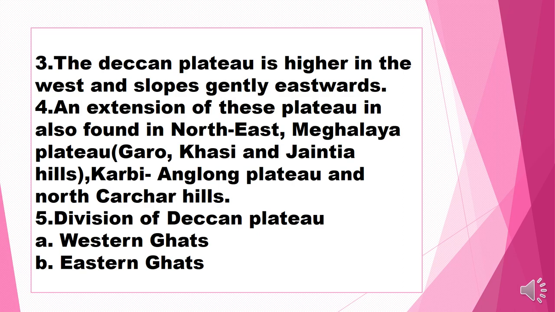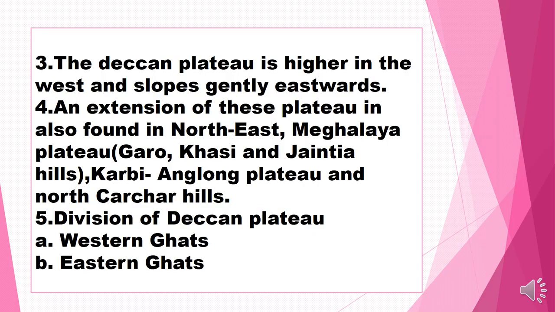After that, the division of the Deccan Plateau: Western Ghat and Eastern Ghat. Western Ghat lies in the western part of the country, and Eastern Ghat in the eastern part. The height of Western Ghat is 900 to 1600 meters, and its highest peak is Anaimudi, 2695 meters, located in Kerala.